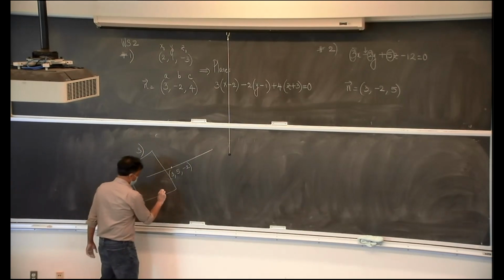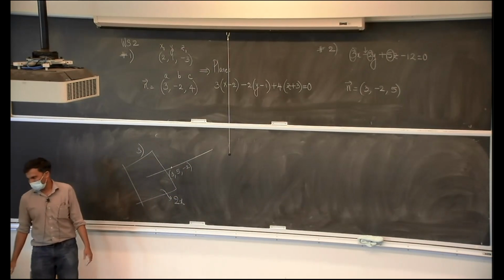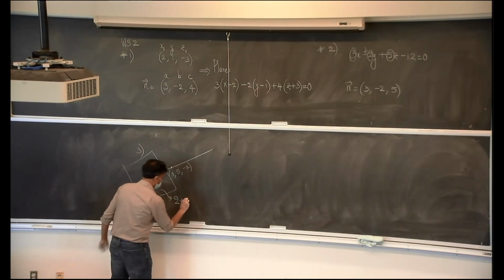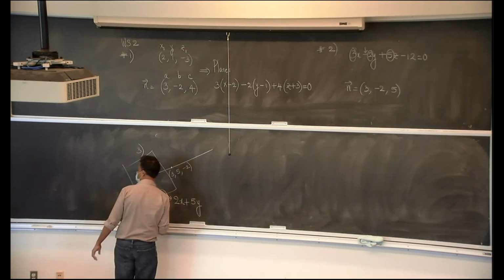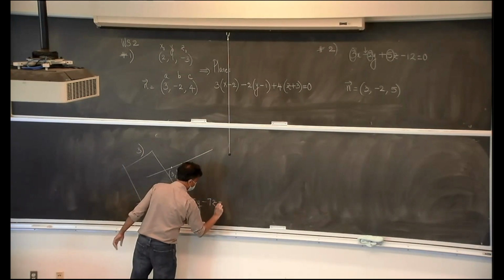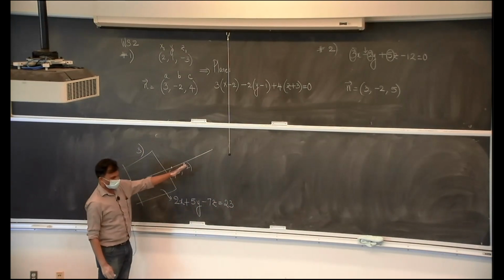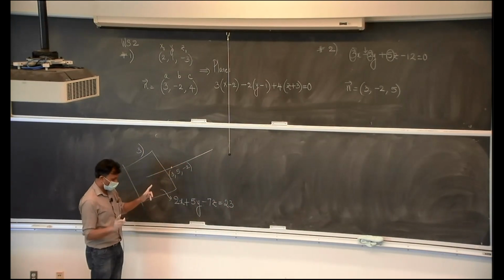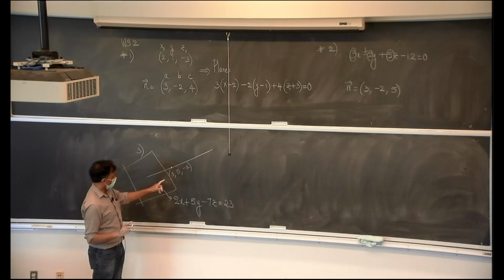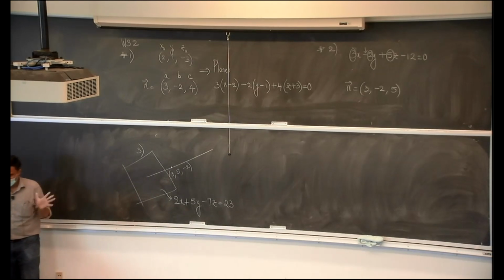For some reason, you are given the equation for this plane. I don't know if we could do anything with it, but let's see. You have to find the vector equation of this line. Remember, the vector equation of a line needs two things: a point and a vector parallel to the line. That's where you have to connect the dots.